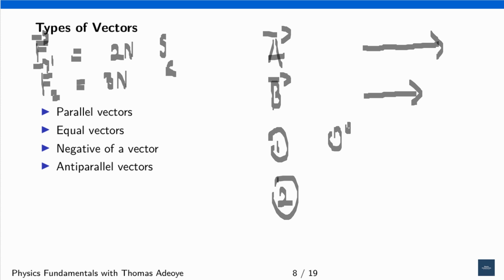Now these two forces act along the same direction, south. Because they act along the same direction, we say they are parallel. And because they are parallel, the sum is just 2 plus 3, which is 5 Newton south.